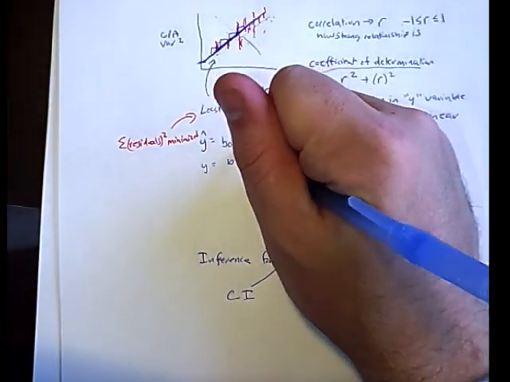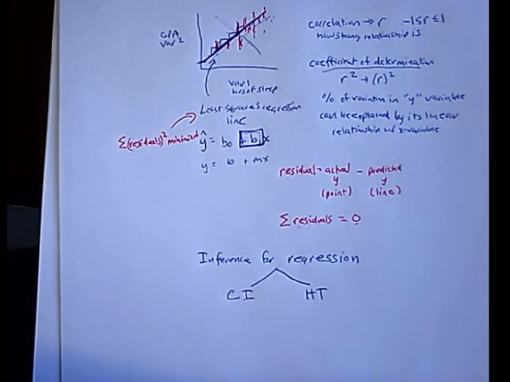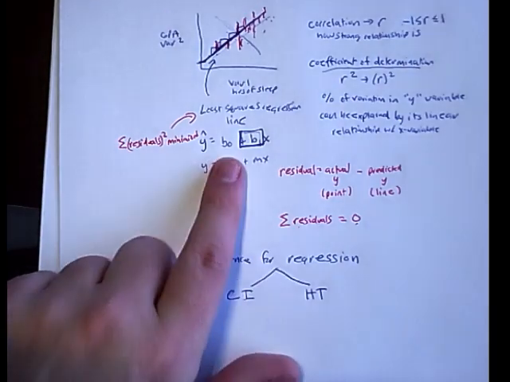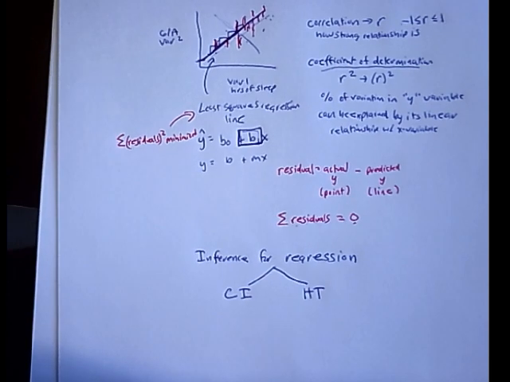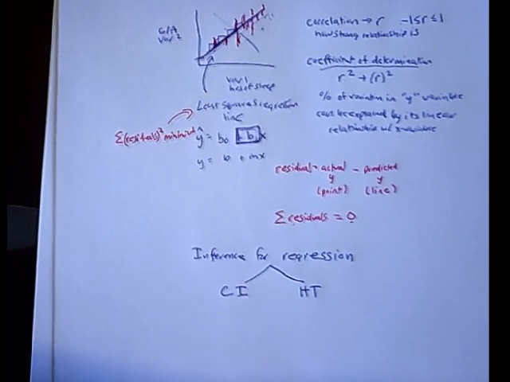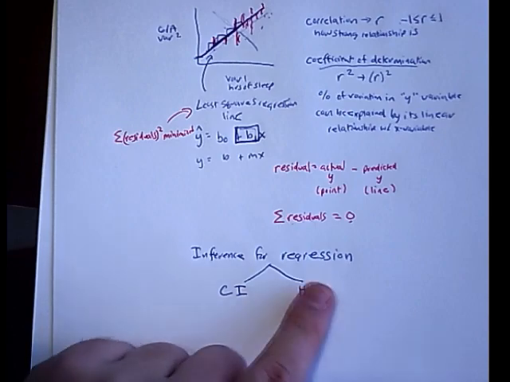And we're just going to be focusing in on that particular statistic, if you will. Just the slope. We're not going to worry so much about the y-intercept. We're just going to worry about the slope. So that's the goal of chapter 12. So look at inference for linear regression.